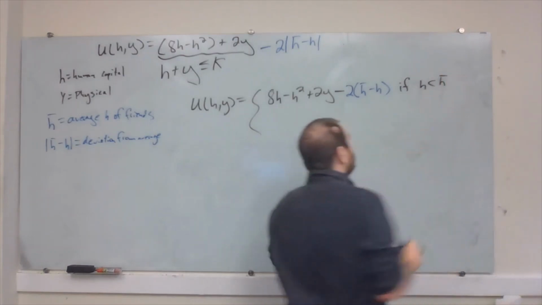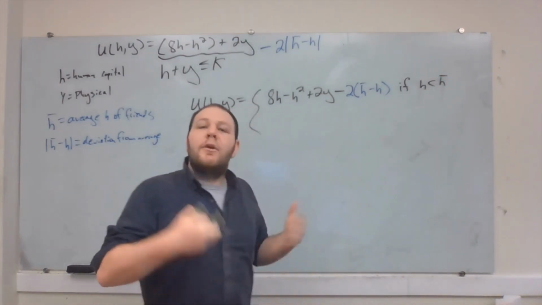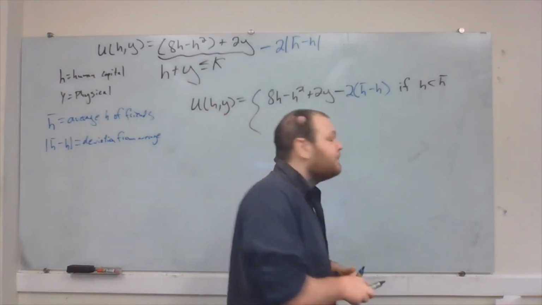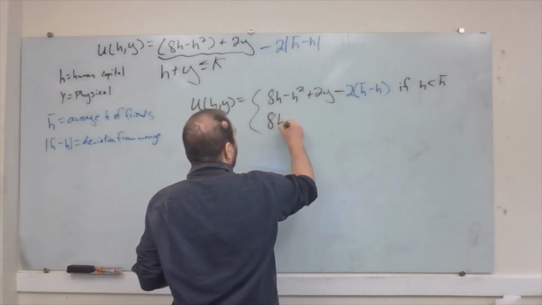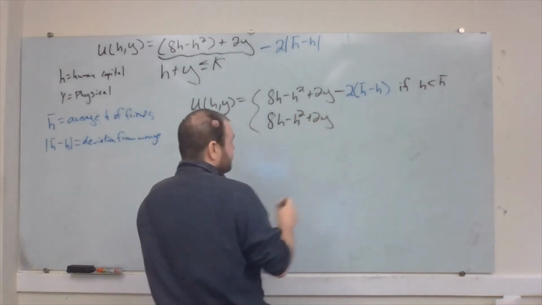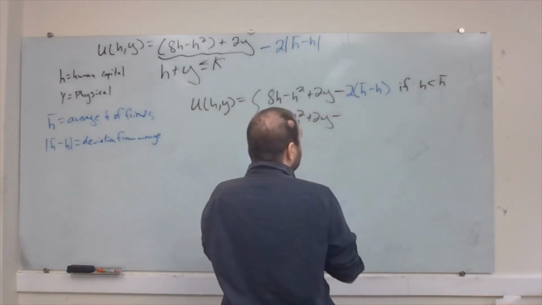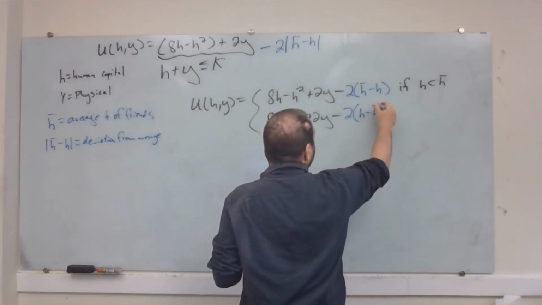This is the situation where you're doing worse in school than your friends. You're embarrassed that you're not doing well enough in school. On the other hand, we have the situation 8h minus h squared plus 2y minus 2 times h minus h bar.